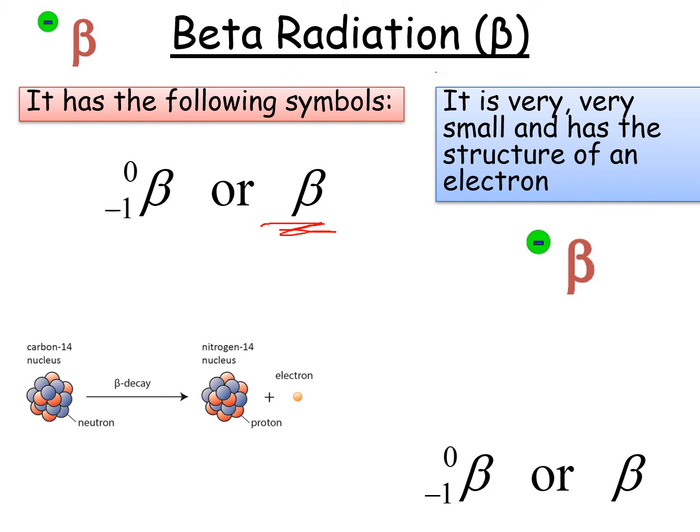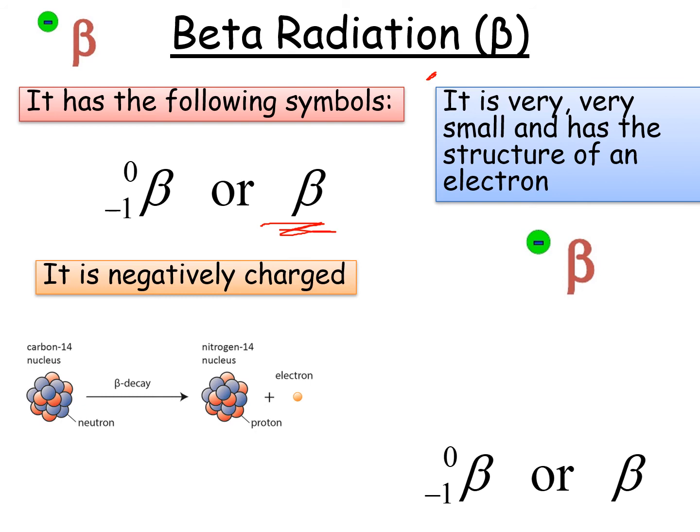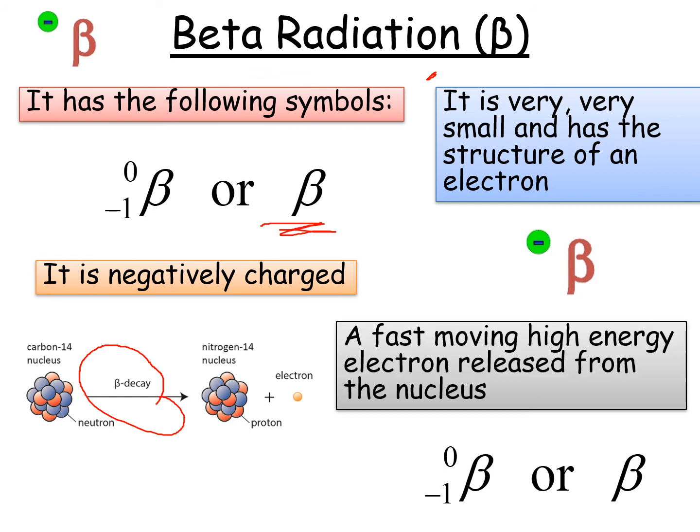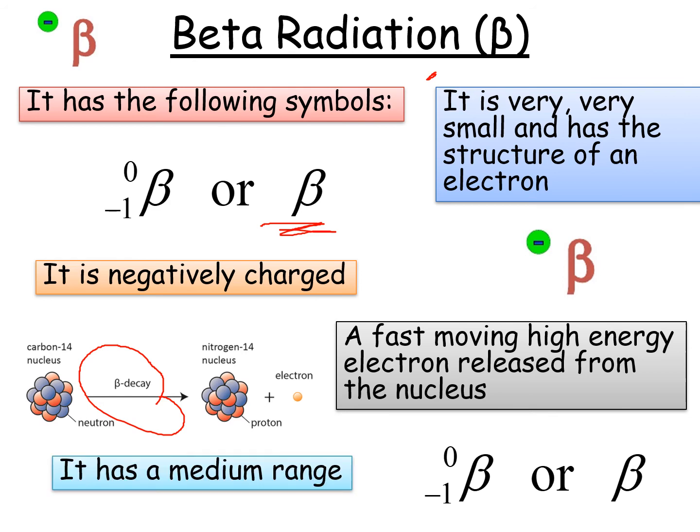It's negatively charged because remember electrons are negatively charged, and these electrons are given out in something called a beta decay. You don't need to know too much about this. I've just included that for further detail. Generally we describe it as a fast moving high energy electron released from the nucleus.